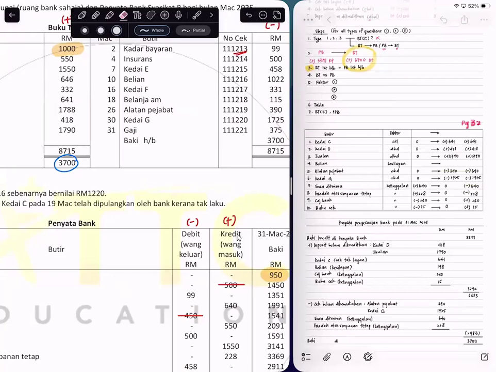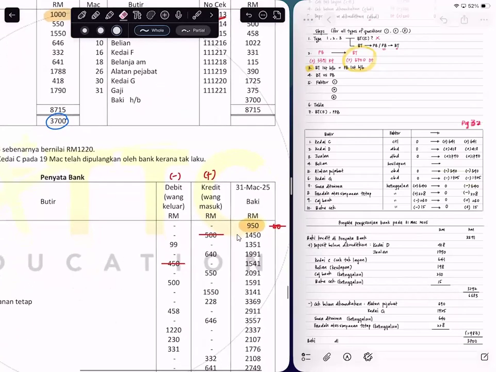Okay, so let us check the value one by one, whether showing the same in pengantar bank and buku tunai or not.